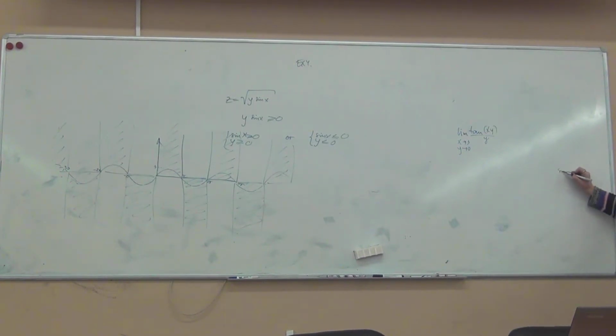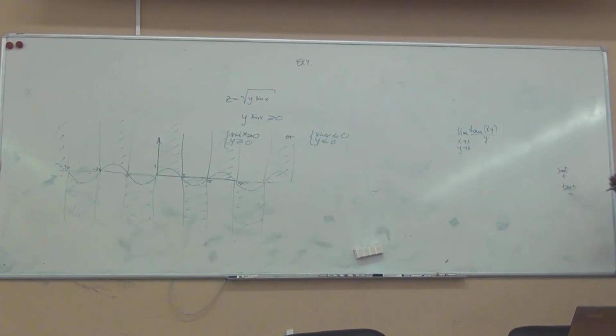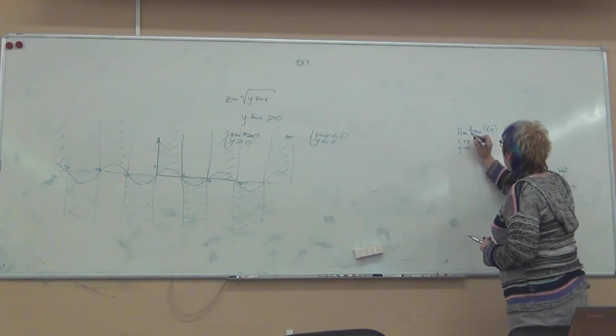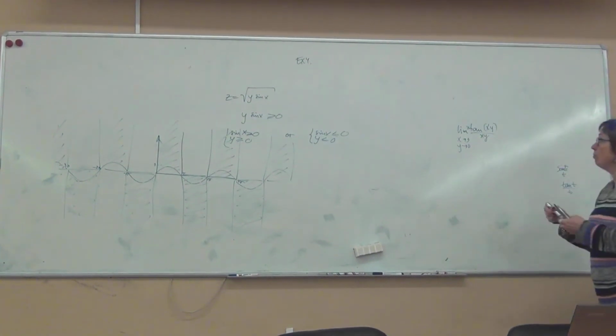We had sine of t over t is 1 if t tends to 0, but at the same time tangent of t over t is 1 if t tends to 0, arcsine, arctangent, and so on. So we may divide and multiply by x? Yes, exactly, just like we did before.